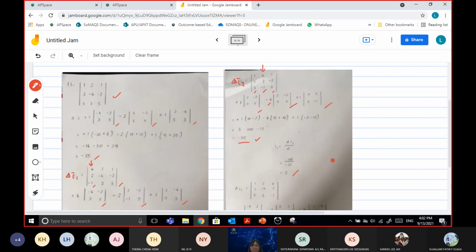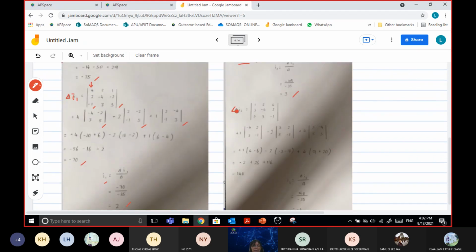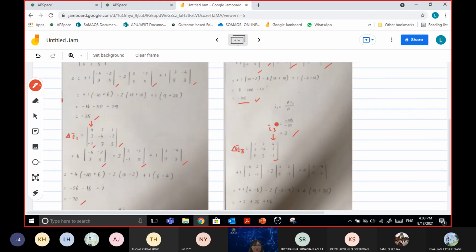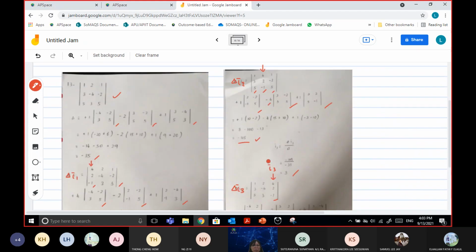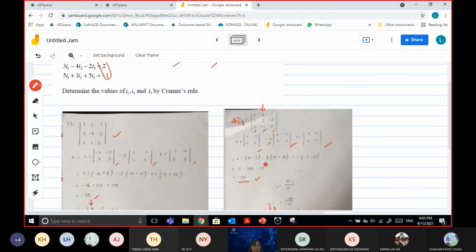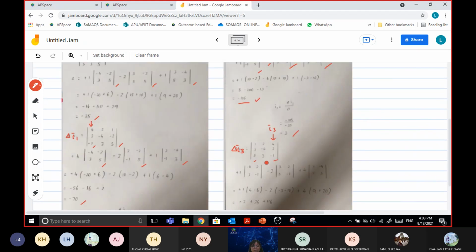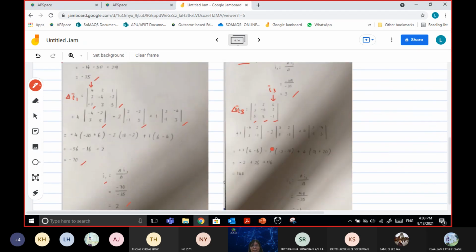Next is the determinant for I3. That means the third column for I3, you replace with 4, 2, negative 1. The first two columns remain: the first column is 1, 3, 5, and the second column is 2, negative 3, negative 4, and 3, correct. Then we find the determinant.